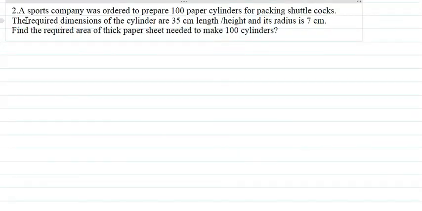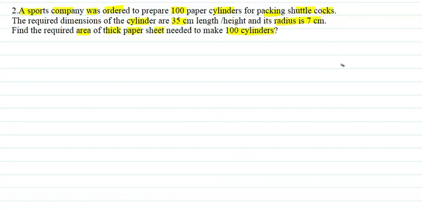Next, second question. A sports company was ordered to prepare 100 paper cylinders for packing shuttlecocks. The required dimensions of the cylinder are 35 centimeters length or height and its radius is 7 centimeter. Find the required area of thick paper sheet needed to make 100 cylinders.